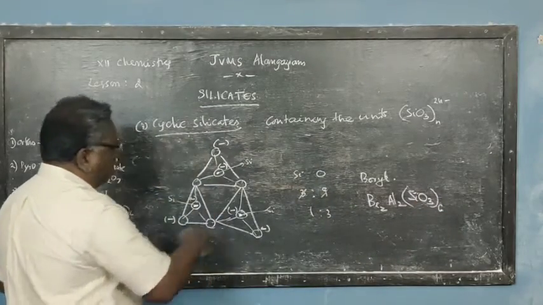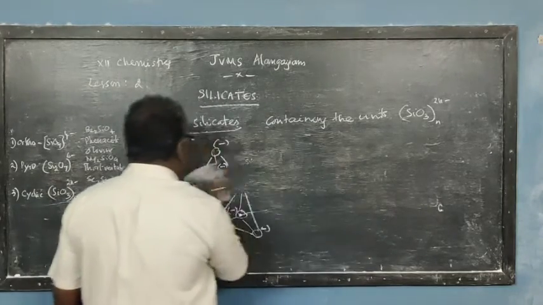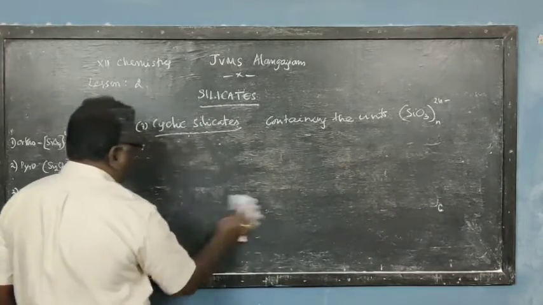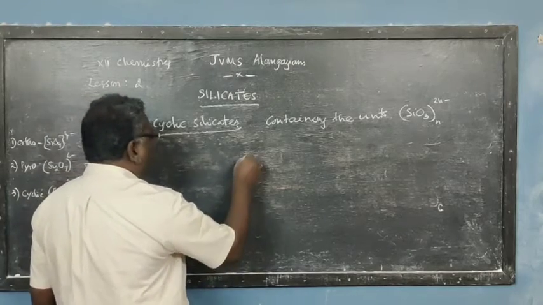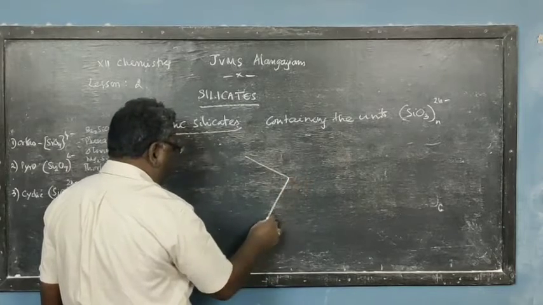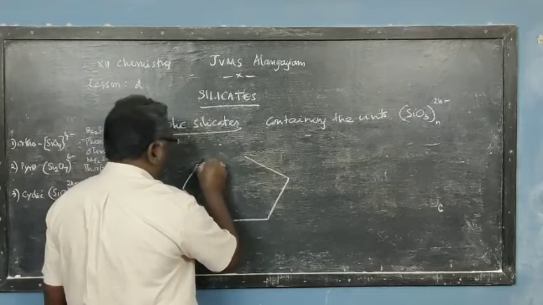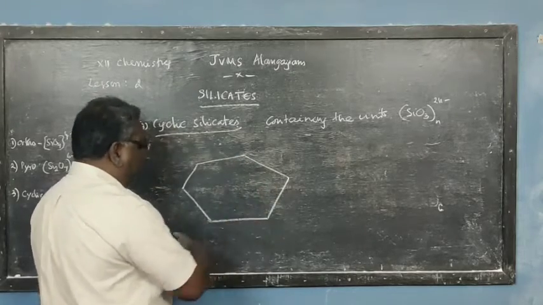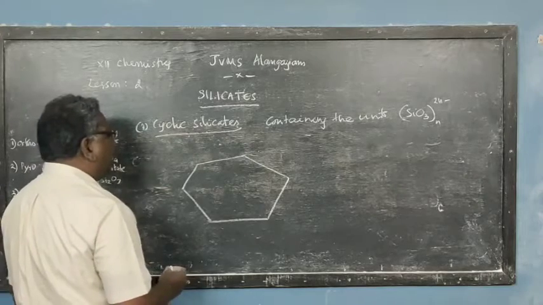So instead of 3, you can even have 6. So to draw this, put like this first. One hexagonal structure to bring 6, right?